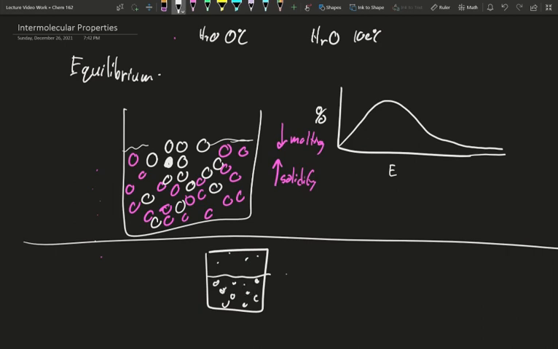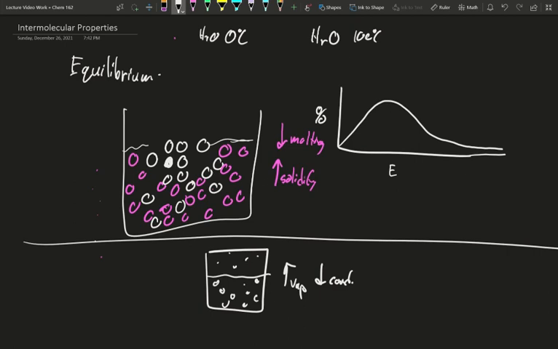And every once in a while, several of the liquid bounce into each other hard enough to push one of them completely free out into the gas phase. There's an exchange rate again. There's a rate of vaporization opposed by a rate of condensation. At 100 degrees Celsius, if you have no extra energy being added or leaving, then these amounts will remain constant.